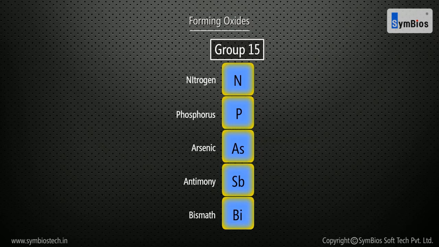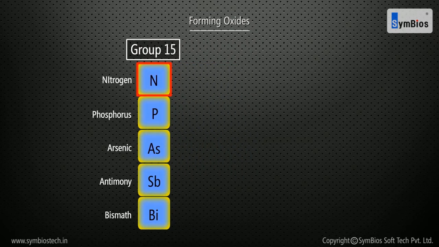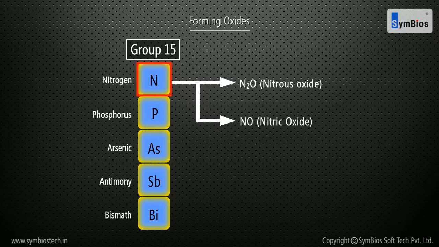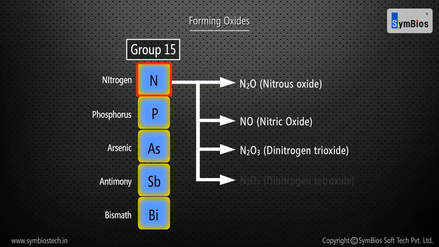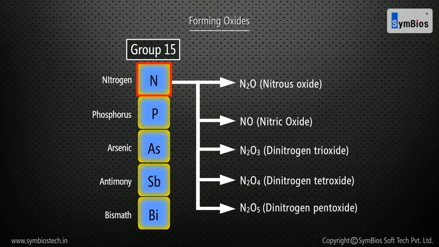Forming oxides. Nitrogen forms 5 oxides. They are N2O nitrous oxide, NO nitric oxide, N2O3 dinitrogen trioxide, N2O4 dinitrogen tetroxide, and N2O5 dinitrogen pentoxide.